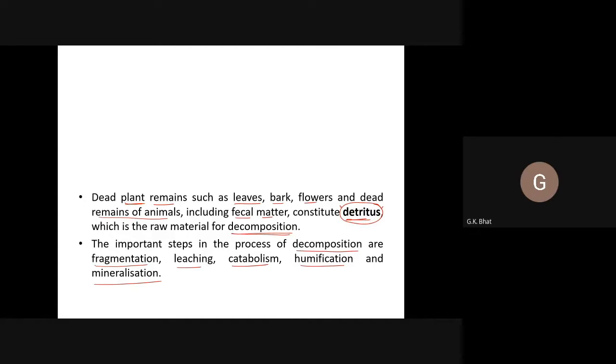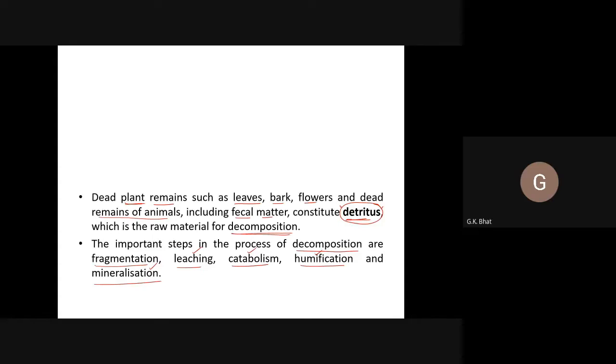The whole body cannot undergo decomposition. For that purpose, the body should be chopped into small pieces. So, this is the first step. I will explain everything.